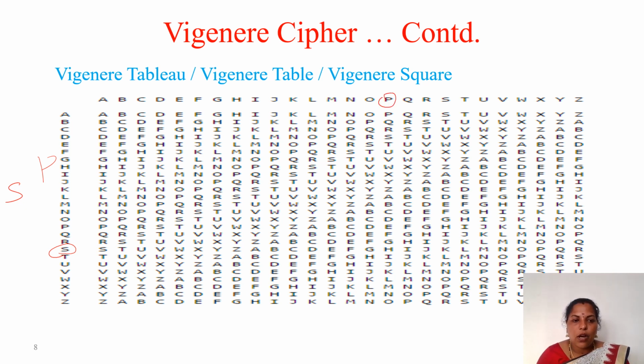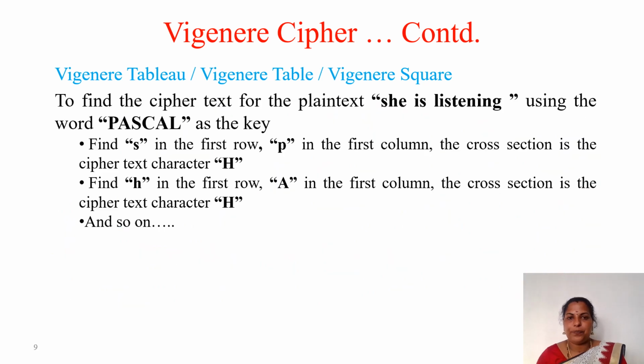The cross section of this S and P is what we call the ciphertext. So this part is cross sected, and this value is what we find: H. So without doing any calculation, if you have a printout copy of this table, we can directly map it and write the corresponding ciphertext.